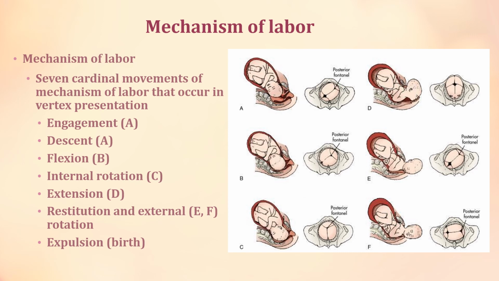And then there's restitution and external rotation, so the baby actually rotates once the head is there on the external area on the perineum. You can actually see that when that's happening. You can watch the baby rotate, which is pretty amazing. And then the birth itself, expulsion.